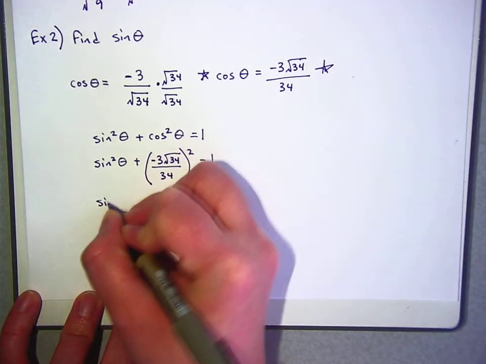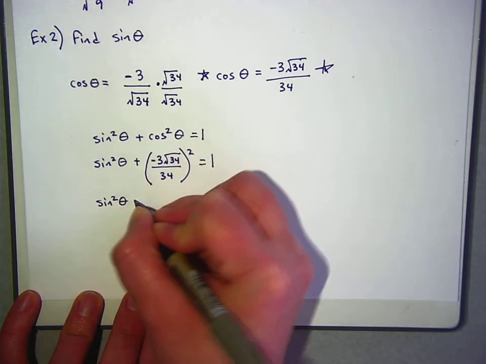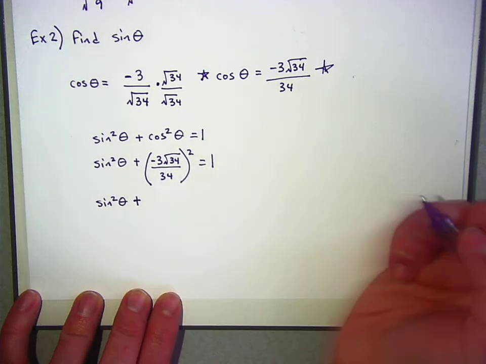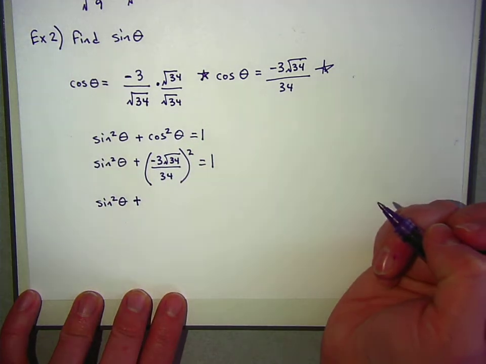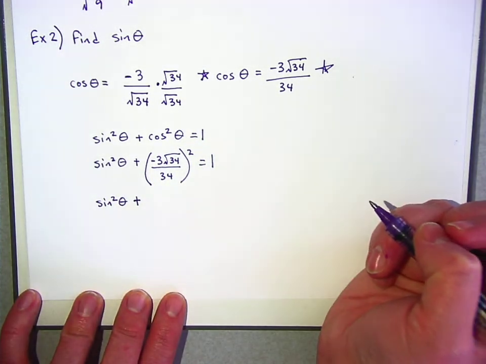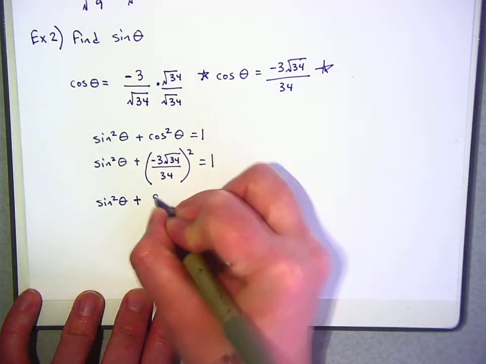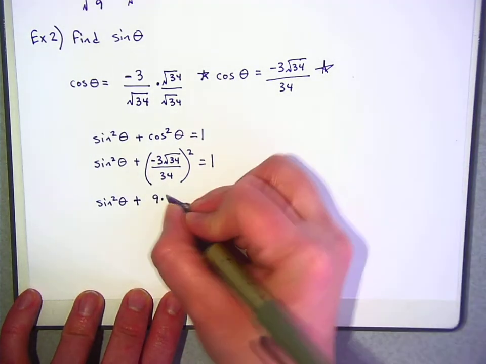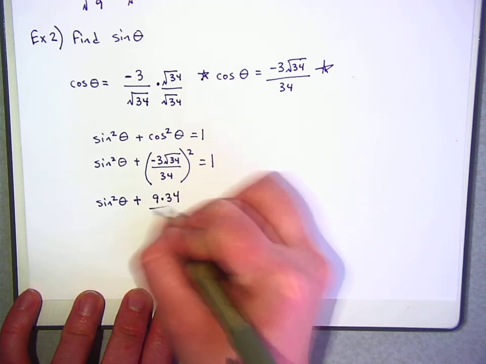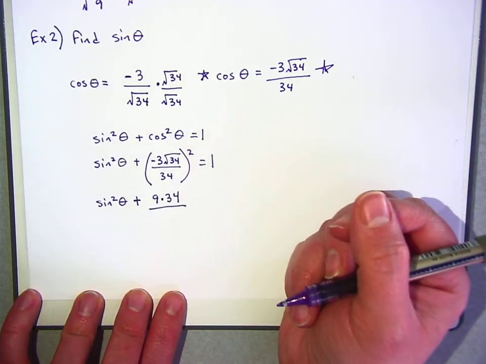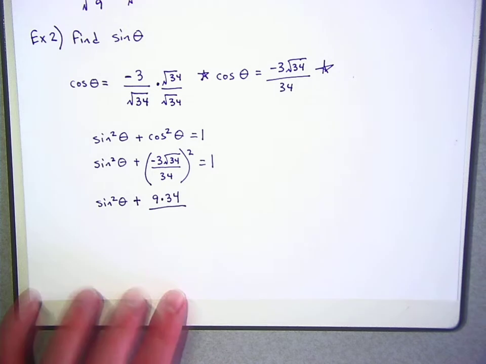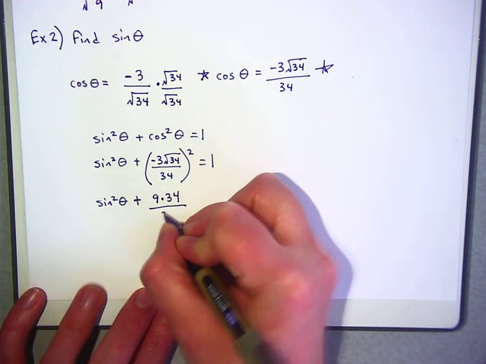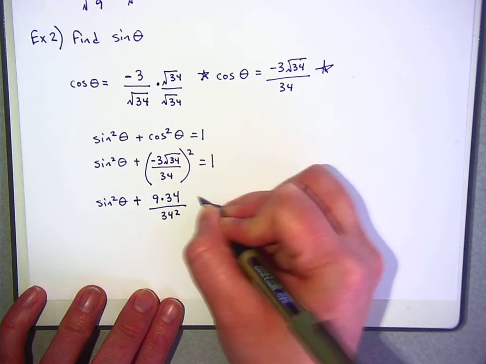So we got sine squared theta plus, what happens if I square all these things, Emma? What's negative 3 squared? This is 9 times 34 over 34 squared. Actually, let's just leave it as 34 squared because we can reduce this pretty easily then.